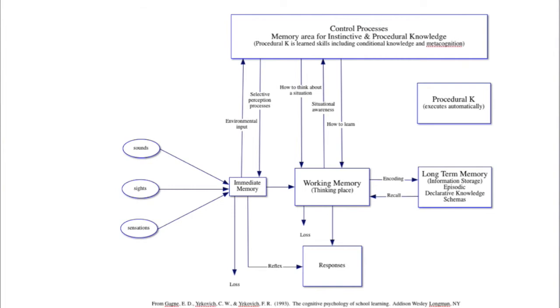Now, we have to account for something else. When we do a search of long-term memory, we try to recall information. So if I ask you to recall the capital of Pennsylvania, if you live in Pennsylvania, that'll be very easy.